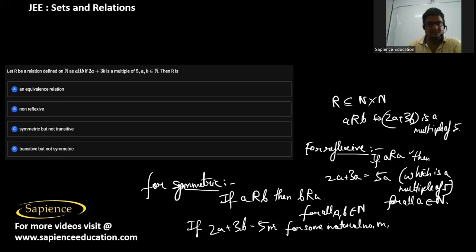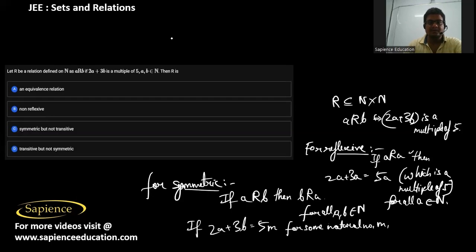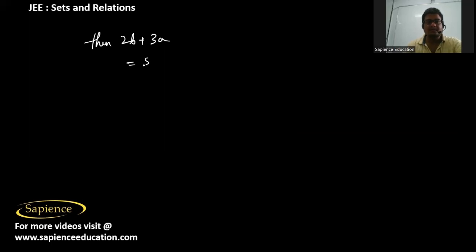Now 2B plus 3A will be a multiple of 5 or not, that you have to check. Now 2B plus 3A, I can say this will be equal to 5B minus 3B plus 5A minus 2A. So this will be 5 into A plus B minus of 2A plus 3B.